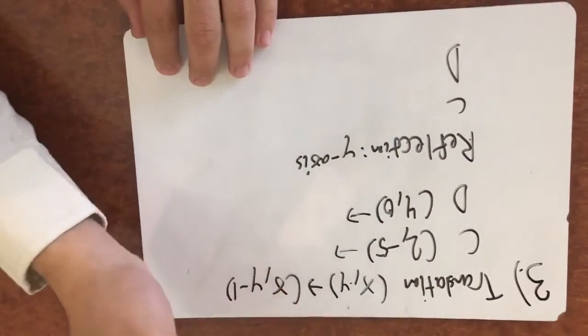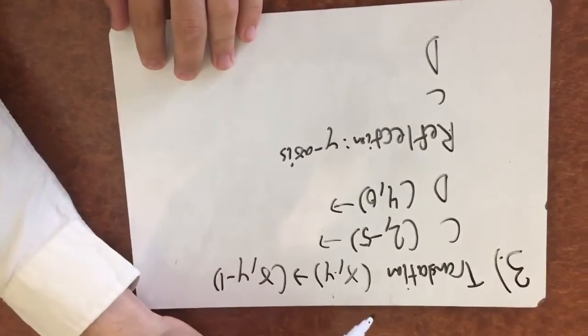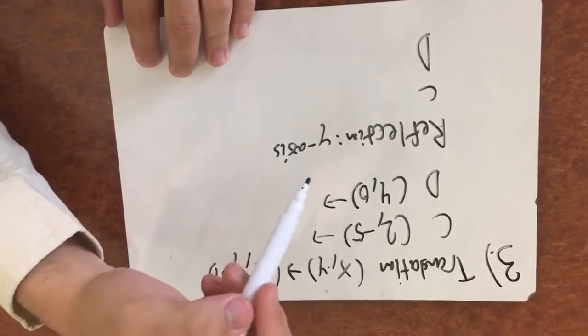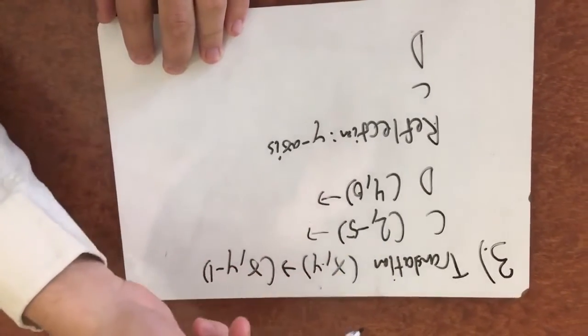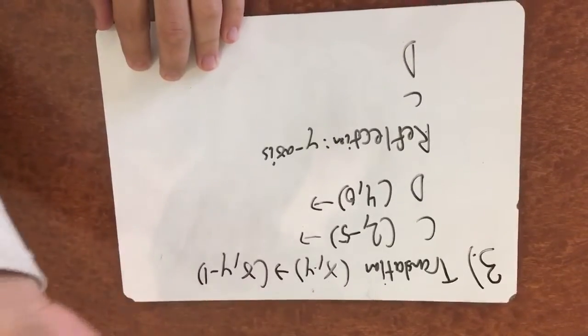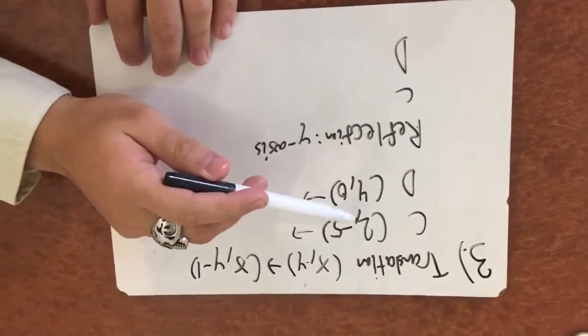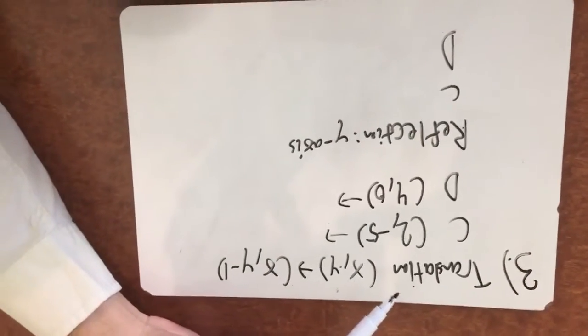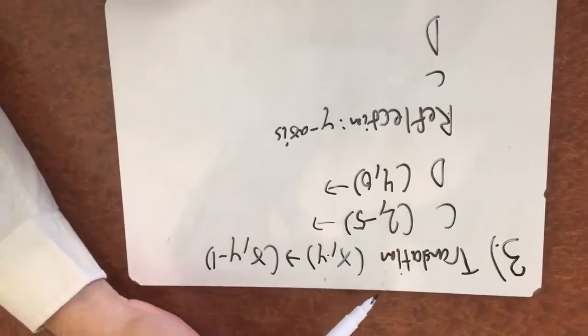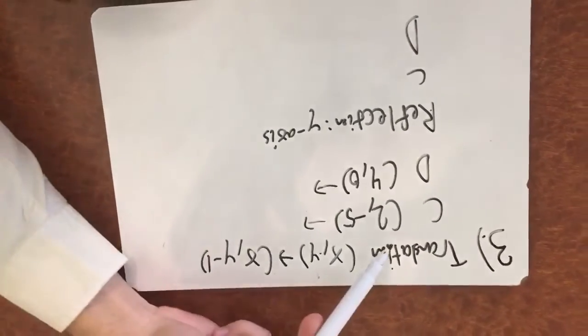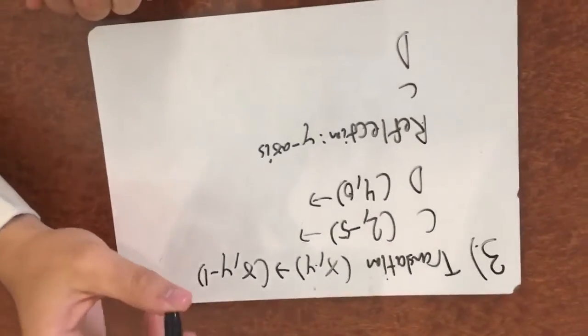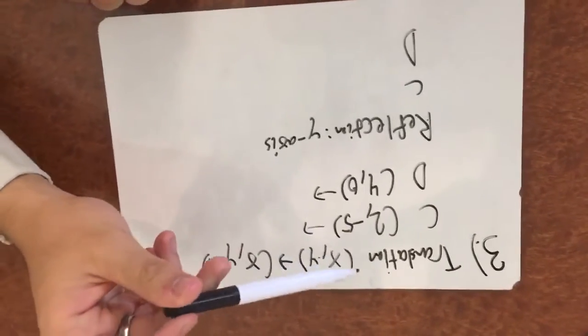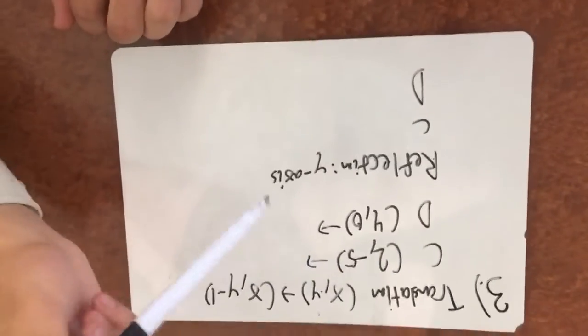Question number 3 of this section asks us to perform a translation followed by a reflection of points C and D. Let's go with those points one by one, starting off with point C. The original coordinates of the pre-image for point C are 2 and -5.